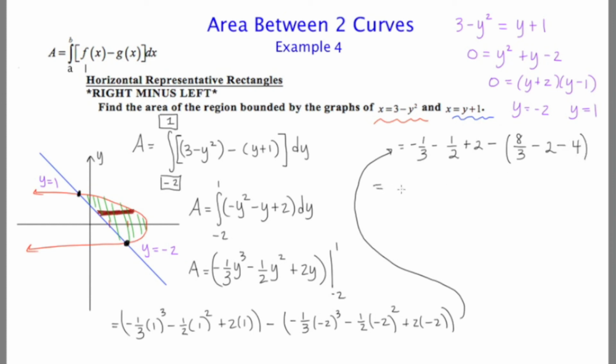With some more cleanup, we have negative 1/3 minus 1/2 plus 2 minus 8/3 minus 6 becomes plus 6.